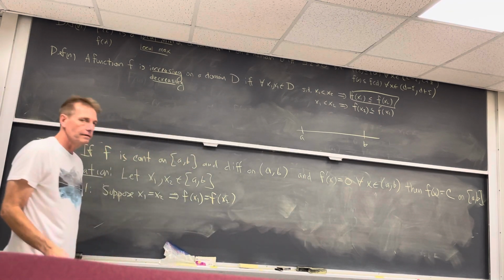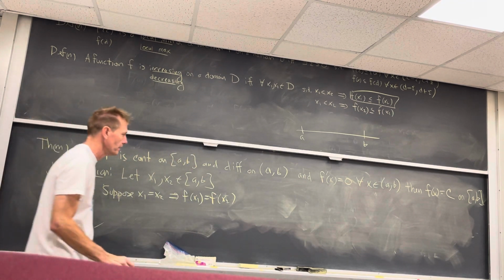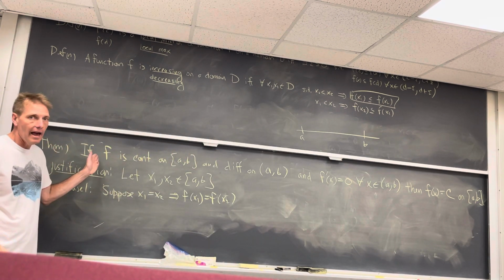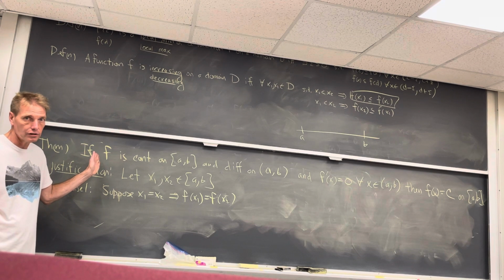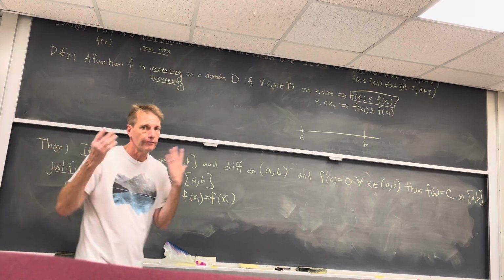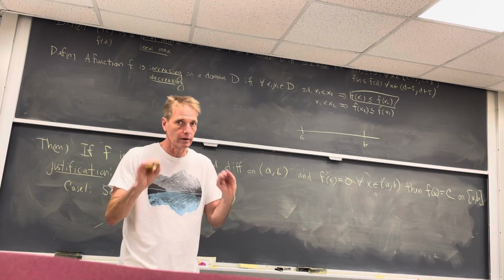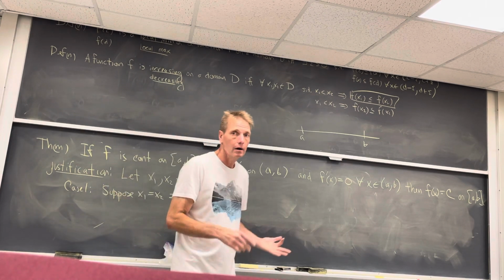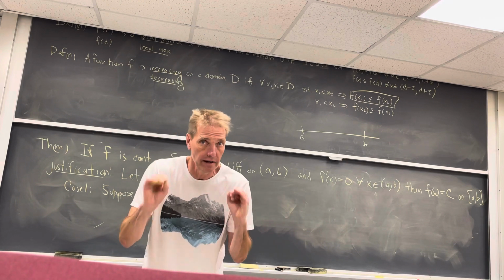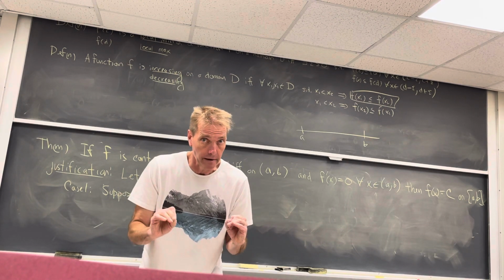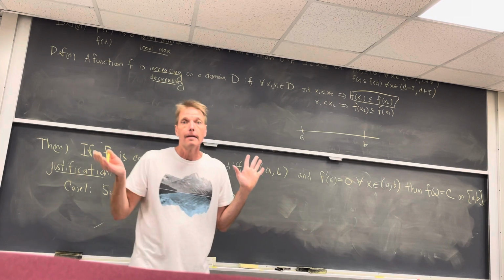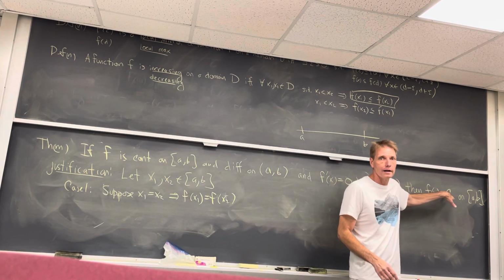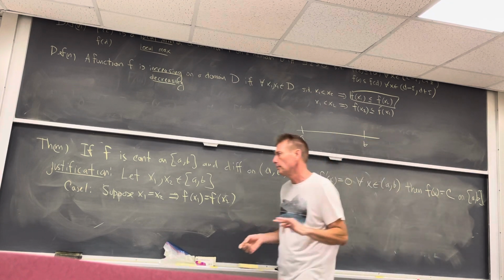What we want to do is argue that f of x1 has got to be equal to f of x2, because if for every x1 and x2 in the closed interval AB, f of x1 is equal to f of x2, then f of x is a constant. So that's ultimately what we're trying to show.